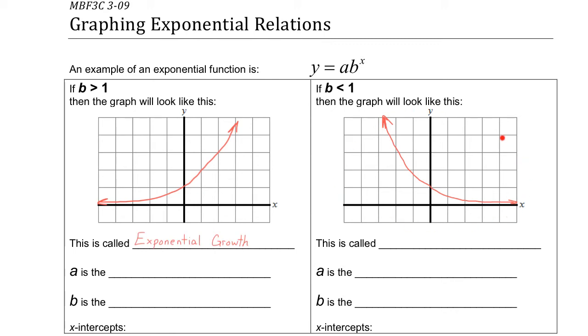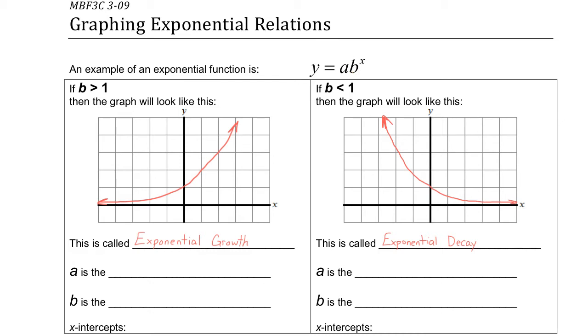And this shape here, this is called exponential decay. So you have to be able to determine whether or not your relation is exponential growth or exponential decay. And you can tell from the equation by looking at the value of b. If it's less than 1, it's decay. If it's more than 1, it's growth.